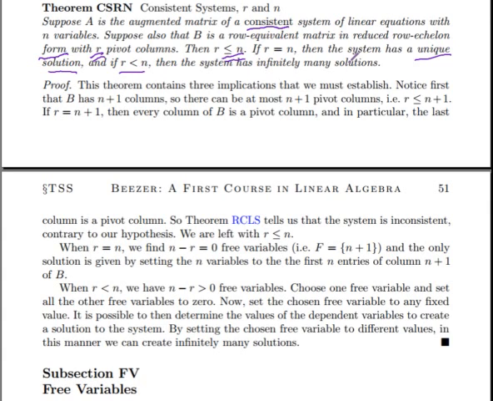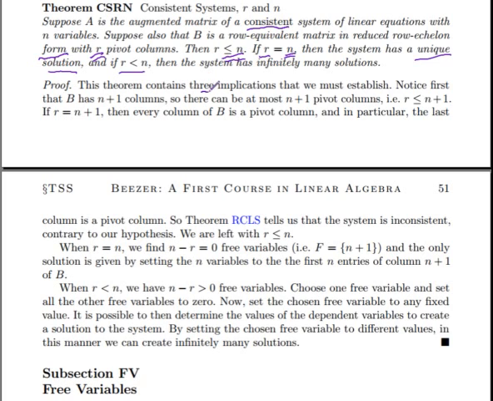And if r is less than n, the system has infinitely many solutions. Okay, so this characterizes the difference between systems that have infinitely many solutions and those that have a unique solution. If the number of pivot columns is equal to the number of total columns minus 1, then the system has a unique solution. And if r is smaller than that, then the system has infinitely many solutions.